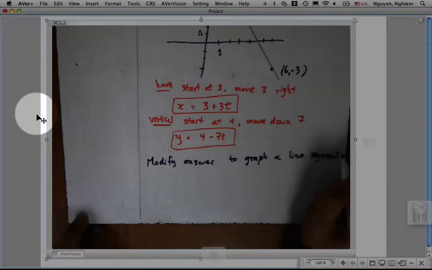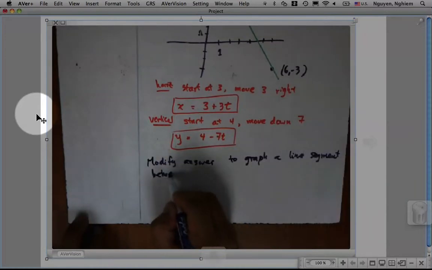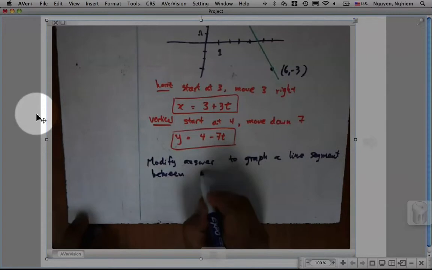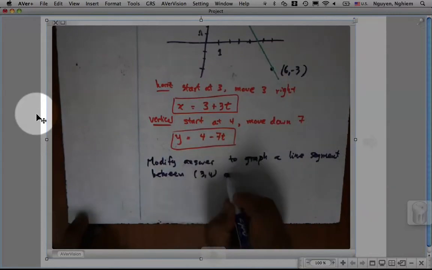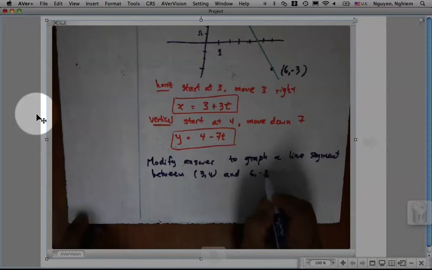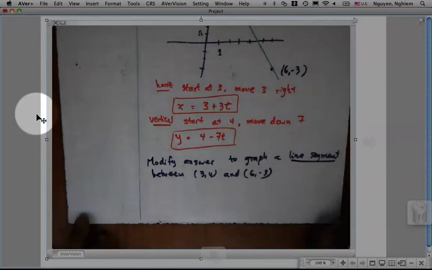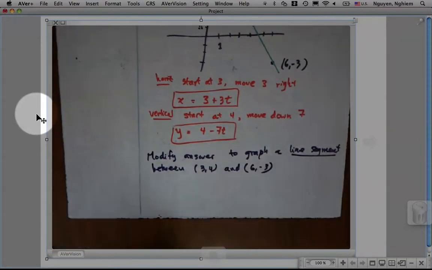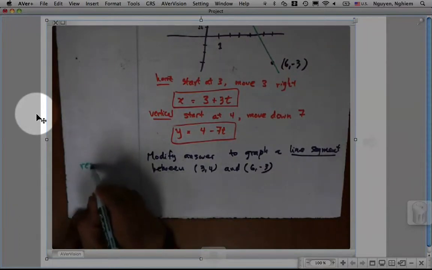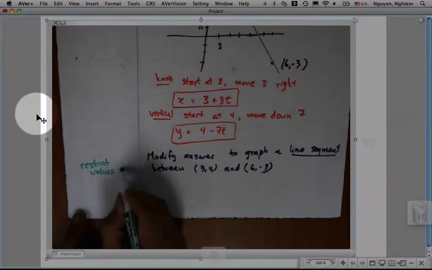Okay. A line segment between (3, 4) and (6, -3). So instead of a full-blown line this time, all I want is a line segment. And to get a line segment, what we really need to do here, nothing very special, is we just need to restrict the values of t.